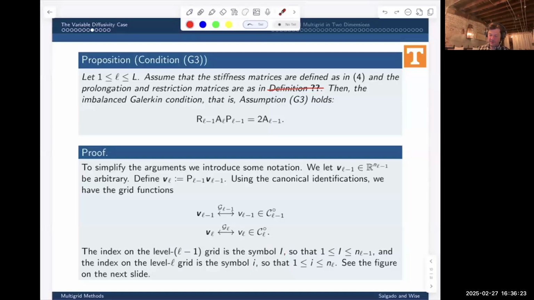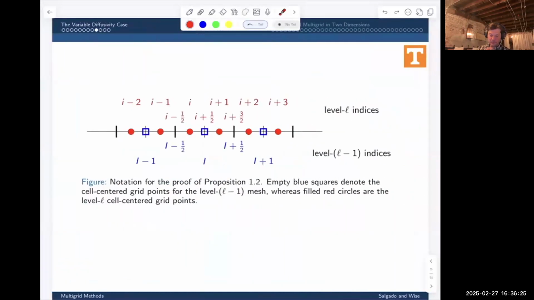I'll show you the figure on the next slide. They line up exactly at one spot, or they kind of line up. Here is the indexing for the fine level grid, and here's the indexing for my coarse level grid. The coarse level cell-centered grid just has these 3 points, and the fine level grid has these 6 points, 1, 2, 3, 4, 5, 6.